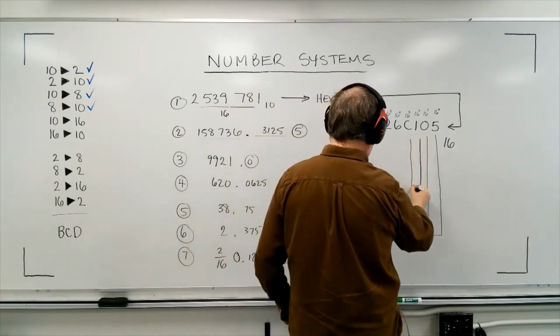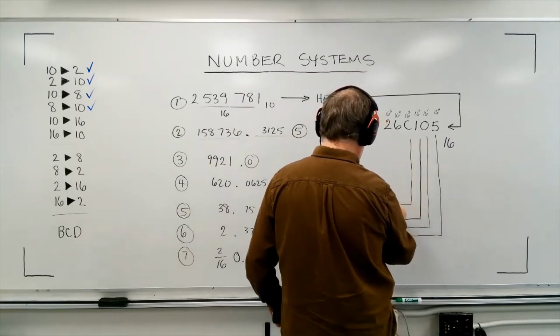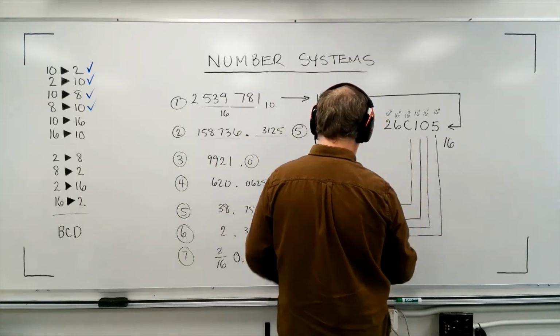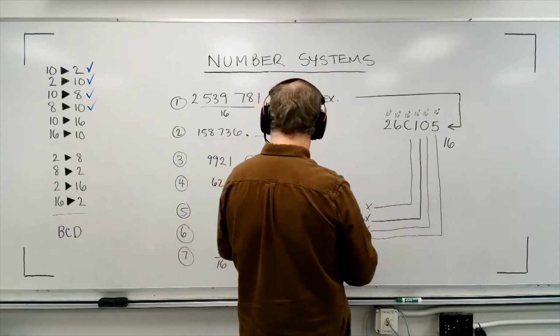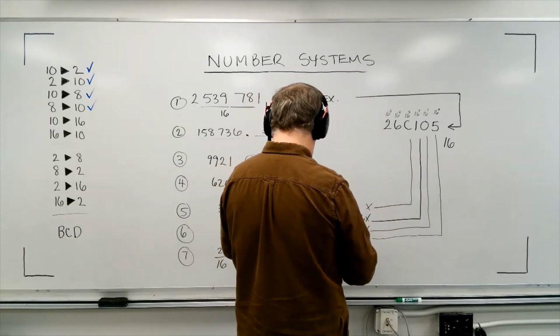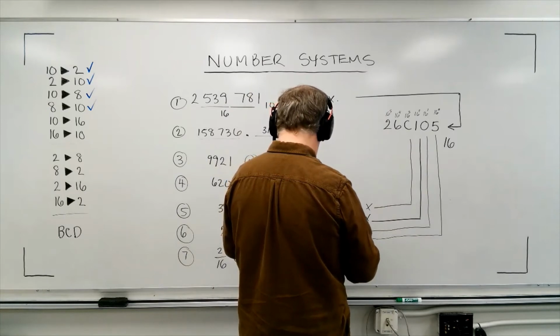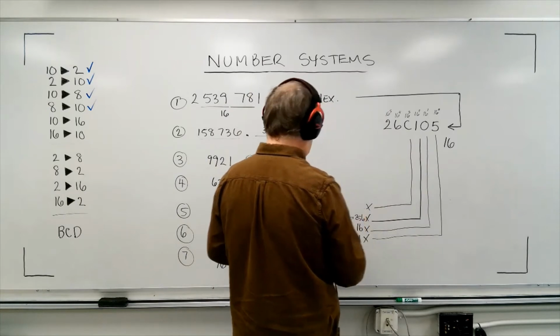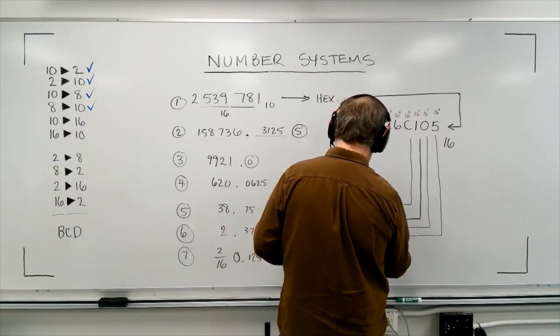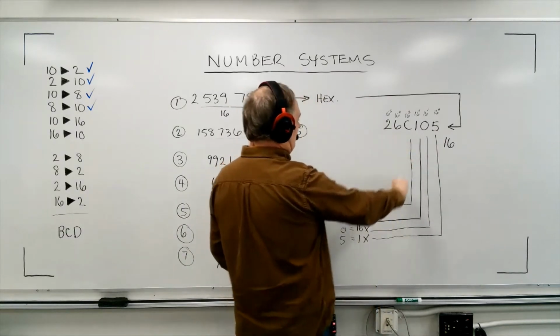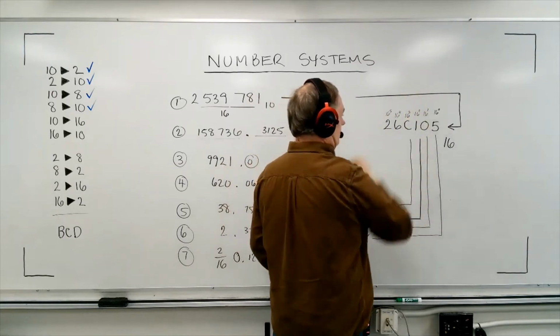This one's going to be interesting. Here we have C times, and what is the actual value? 16 to the power of 3. So we're going to go 16 times 16 times 16. This is 4096. Now 4096 is the place value.